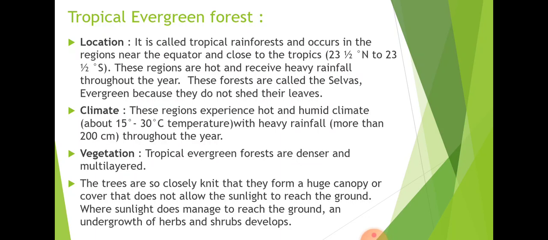In some places where the sunlight manages to reach the ground, some small herbs and shrubs grow. So the vegetation found in the tropical evergreen forest is so dense and so tall, and because of the dense forest, they form the canopy.